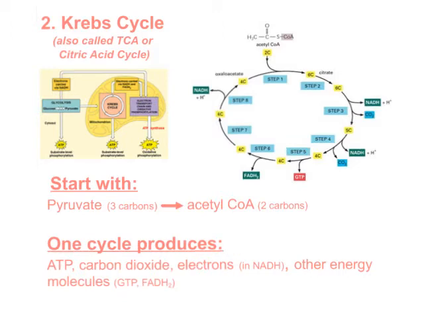Another thing we gain is multiple electrons and other energy molecules. So when you see these words NADH or FADH2 or GTP, those are simply other different energy molecules, very similar to ATP.